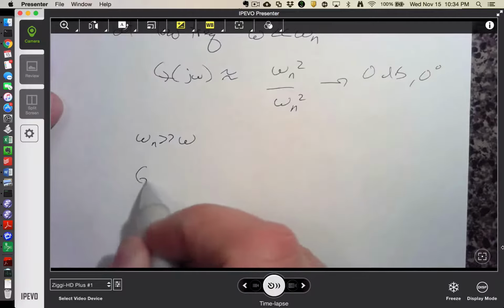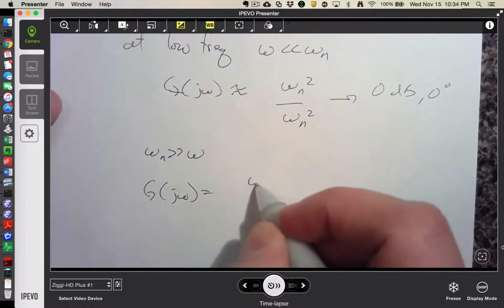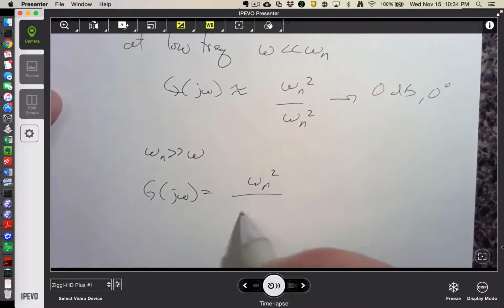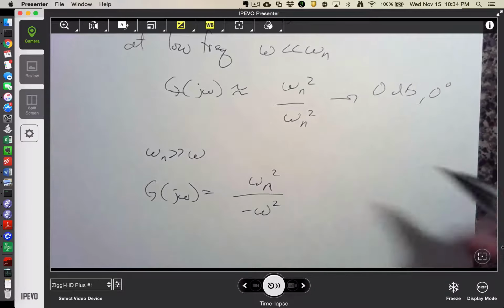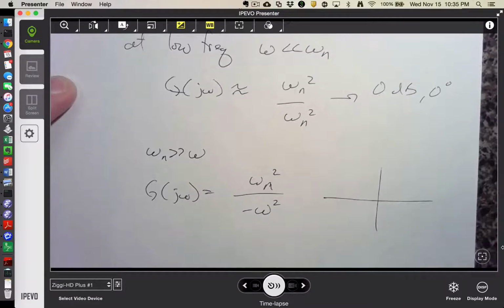So we're left with, for our high frequency asymptote, omega n squared divided by a negative omega squared. This is different from the first order pole in two ways. First of all, this is always real. But it's also negative: that's omega squared with a negative in the denominator.